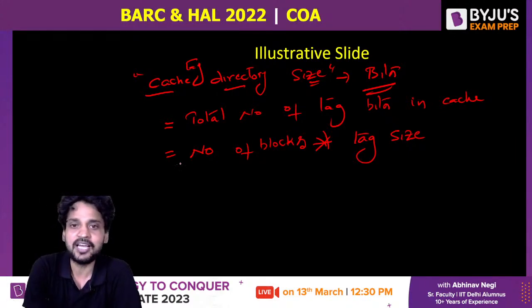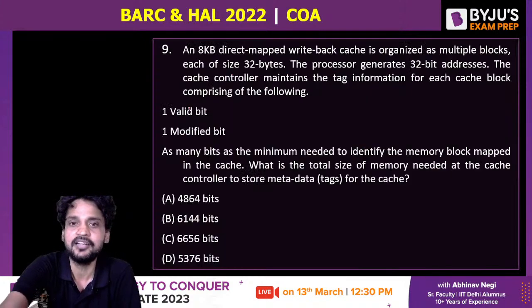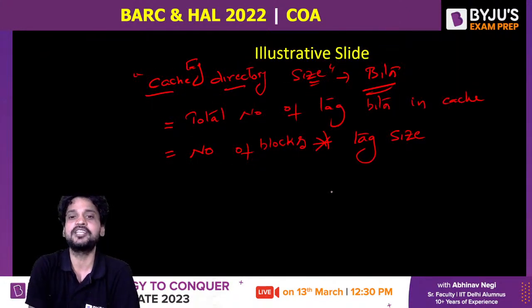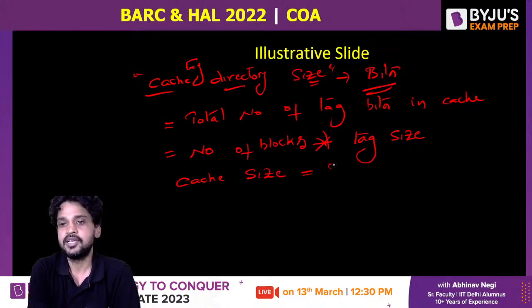Okay. Now let us calculate the total tag directory here. Tag directory size for the 8 KB direct map cache. First of all, we need to find out the total number of blocks. Cache size is equal to 8 KB. 8 KB requires 13 bits.